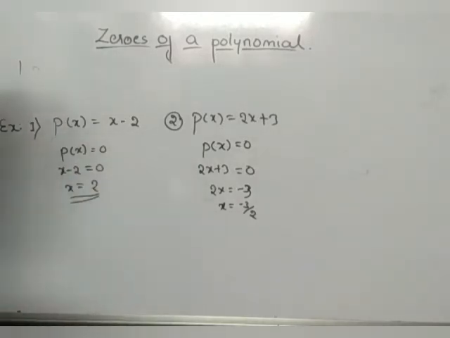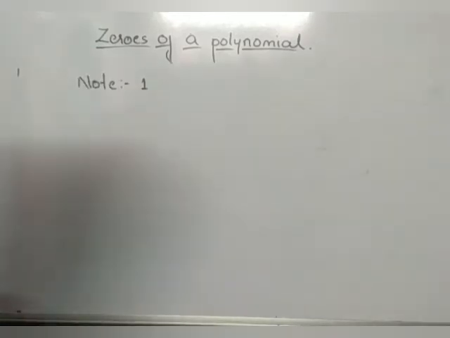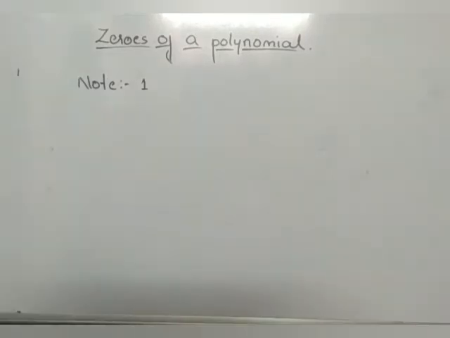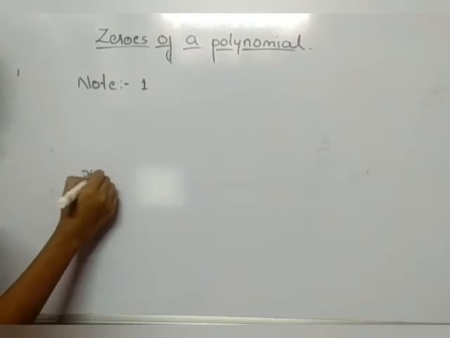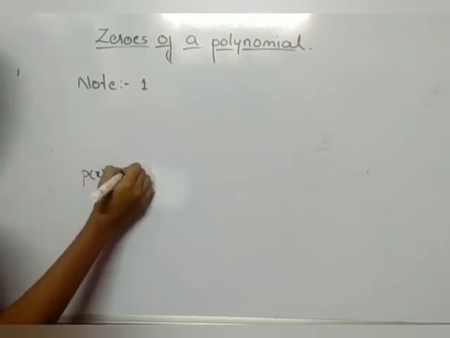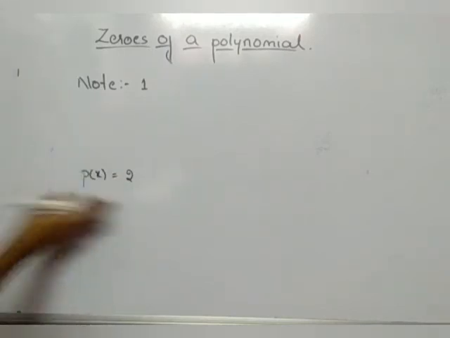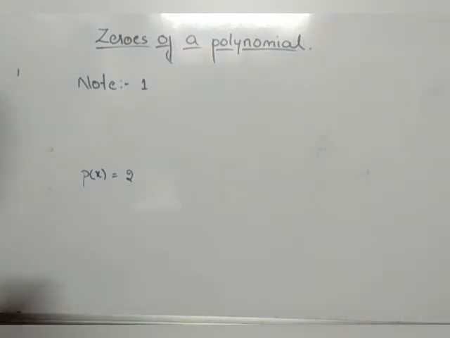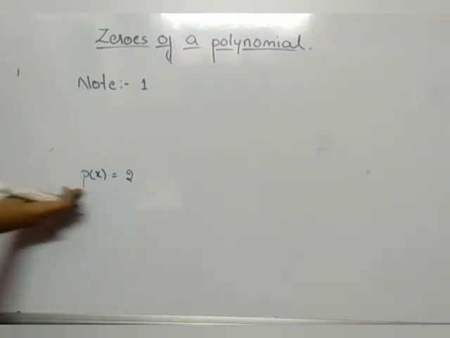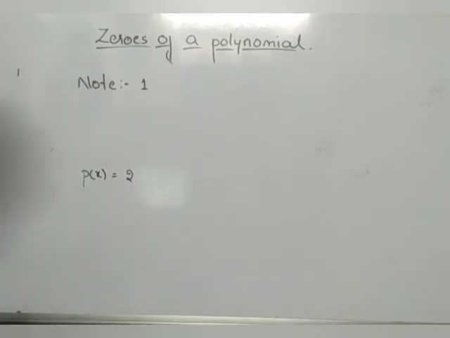Now we'll write some notes. Note: in the first two examples, we came to know that for a polynomial there exists a zero. Students, now we will learn whether for a non-zero constant polynomial zeros will exist or not. We'll consider a polynomial which is non-zero but it is a constant. Such types of polynomials are called non-zero constant polynomials. Whether this type of polynomial will have a 0 or not, we'll check.